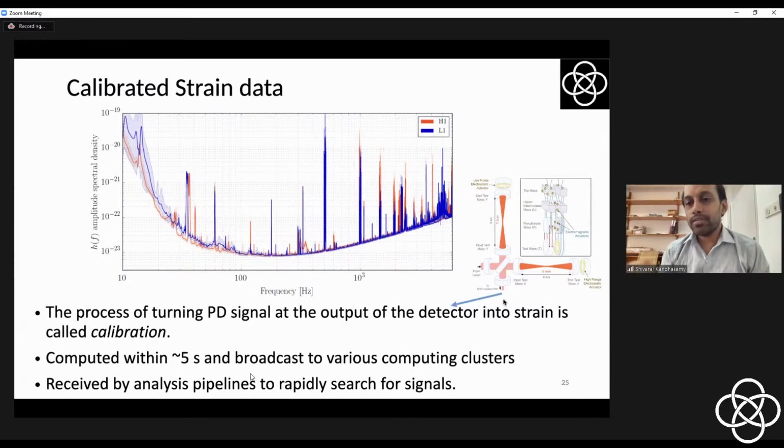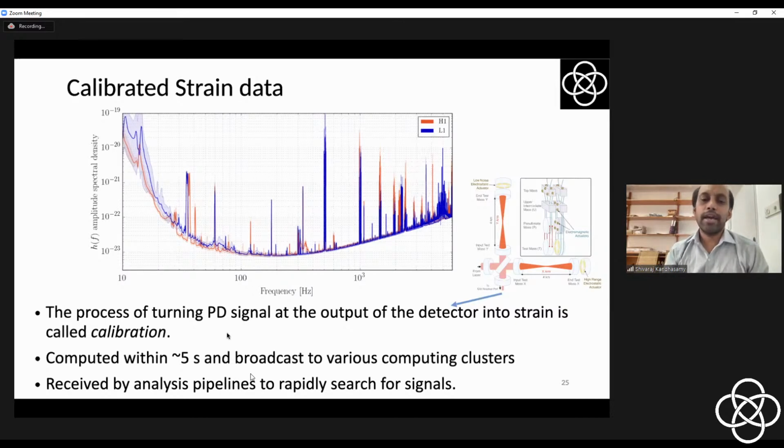But what we actually see at the output of the interferometer is just a light fluctuation. The light comes out of the interferometer, falls on the photodetector, and produces some voltages. Then how do I go from this voltage to these numbers on the screen, which say this much strain? This process of going from voltages to strain values is what we call calibration.